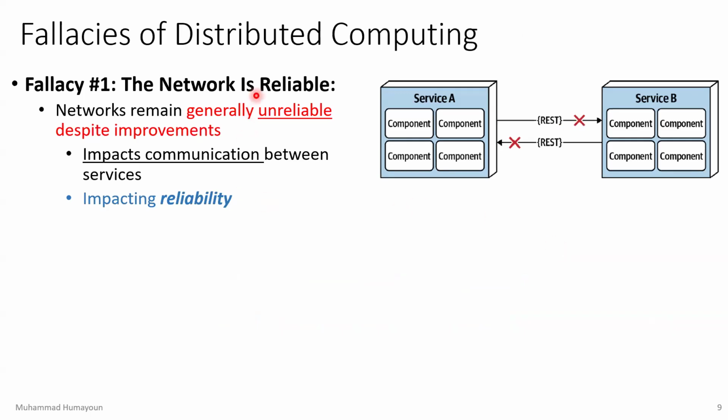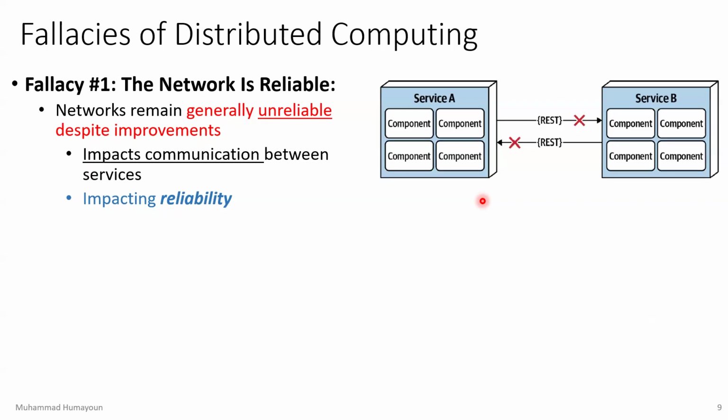Fallacy number one is the network is reliable. Well, the network is reliable until it stops working. In the time we are living in right now, networks seem to be so reliable that we are dependent on Wi-Fi. Wi-Fi is connected with internet service providers, and everything happens seamlessly. So we tap our card on a point of sale device, and then a transaction happens.